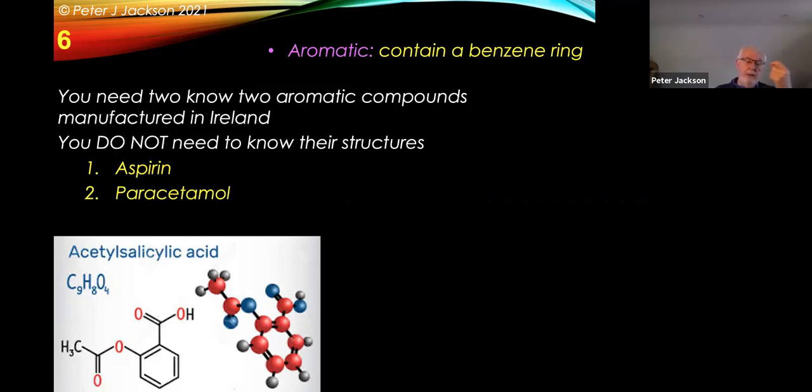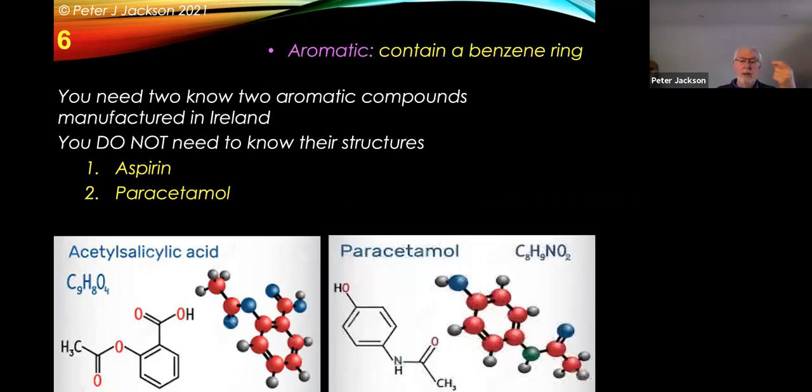The name of the second compound is paracetamol. There's the paracetamol structure, C8H9NO2. And again, there's the benzene ring. There it is in simplified form. So both of these are aromatic compounds produced in Ireland.